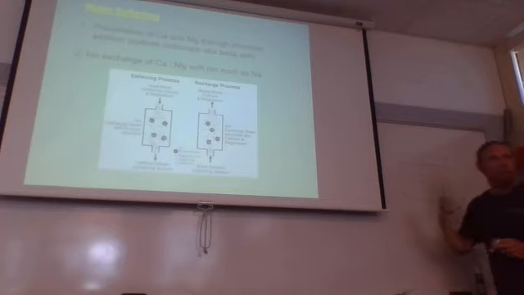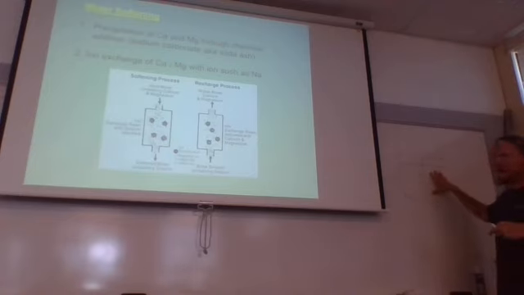Water can, and water, like anything in solution, has this need to move from an area of higher to lower concentration. The water concentration here is higher than here. What do you call that, moving from an area of higher to lower concentration?